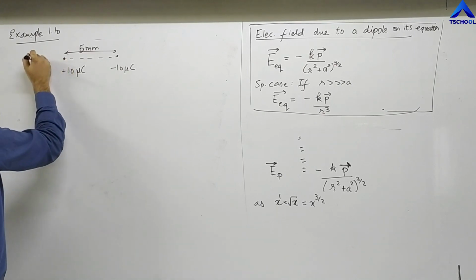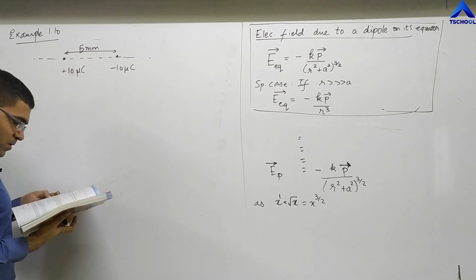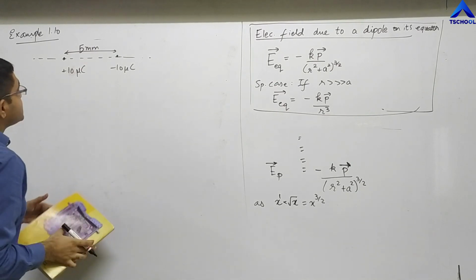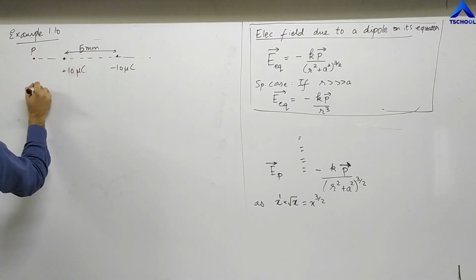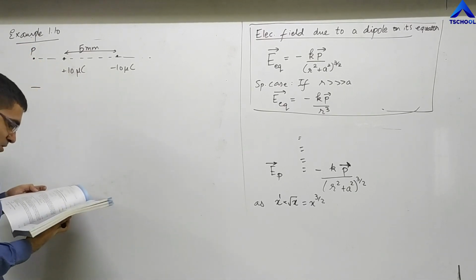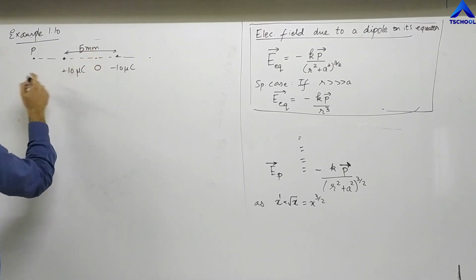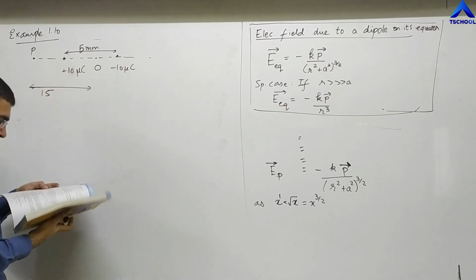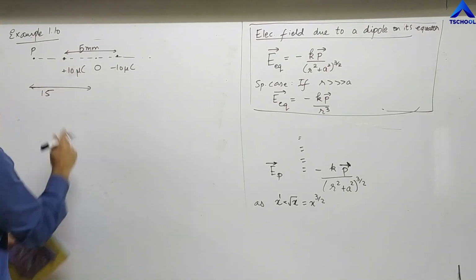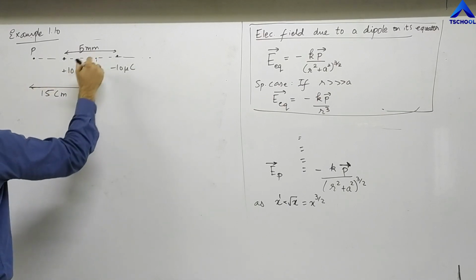So we have a point P on the axis of the dipole, 15 centimeter away. So here's P, and it is 15 centimeter away from the center O on the side of the positive charge. So this is what we have, 15 centimeter away from the point O, that is the center of the dipole.